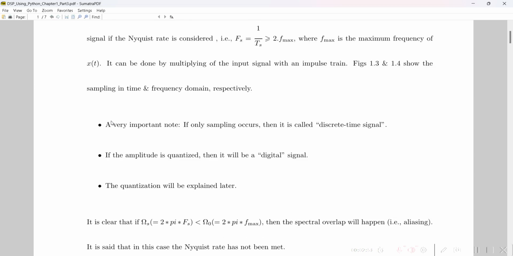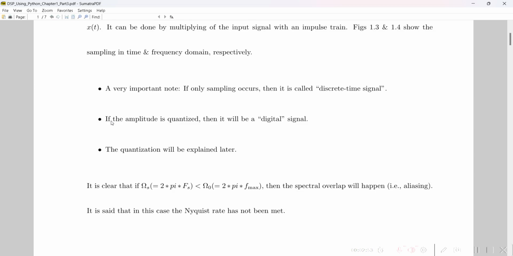Now, we'll continue the topic. A very important note: if only sampling occurs, then it's called a discrete time signal. Horizontally, it has been discretized. But what about the amplitude itself? If the amplitude is quantized, then it will be a digital signal.